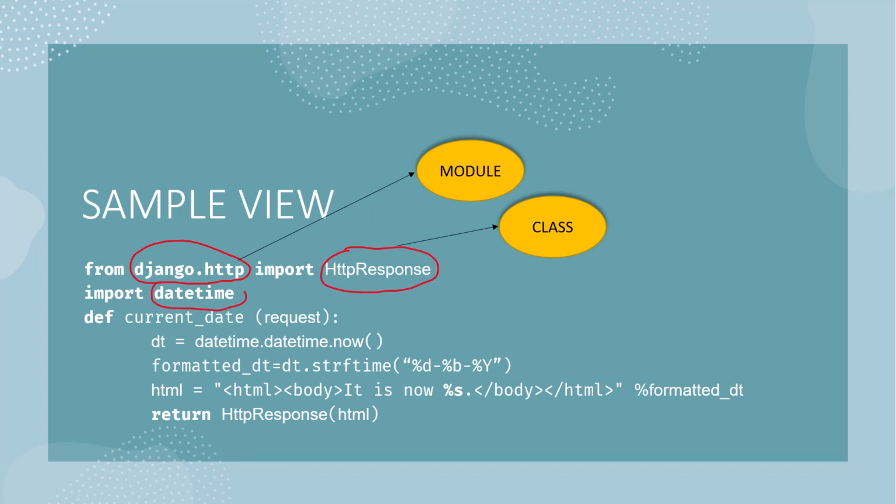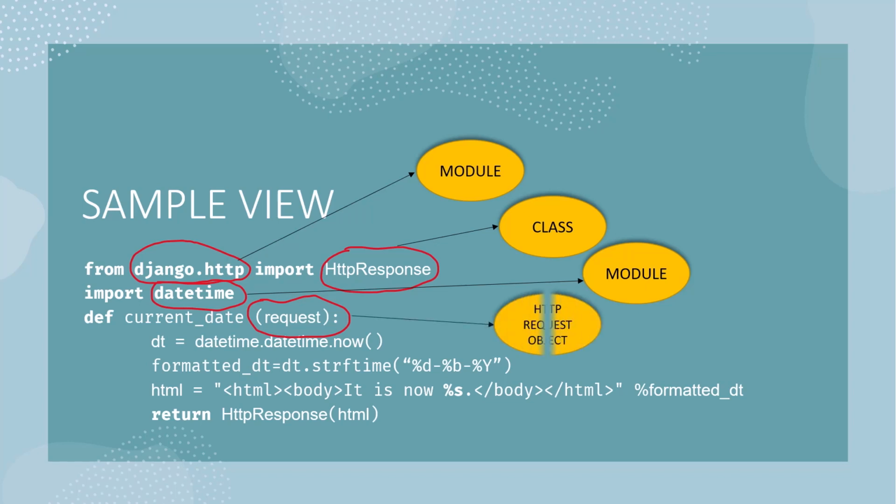The next statement, we are importing datetime, and this is from the Python library, right? The next statement defines our function, the def indicating it's a function-based view. And then, of course, the argument going in is the HttpRequest object, right?